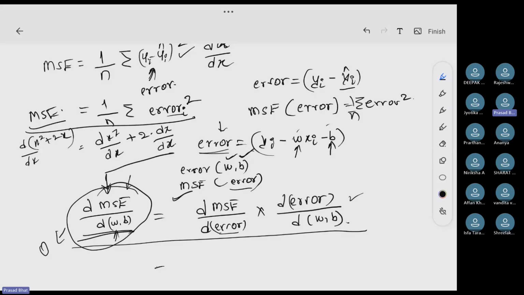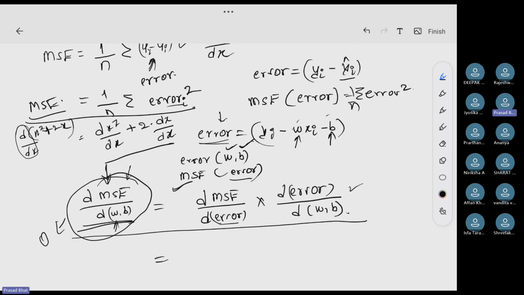This way you can write, no problem. Since the relationship is linear here, plus and minus, when two terms are connected in this manner. However, multiplication is a different story. You can't do that. Plus and minus, if you have, you can distribute the derivatives. And this is what we are actually doing over this as well.